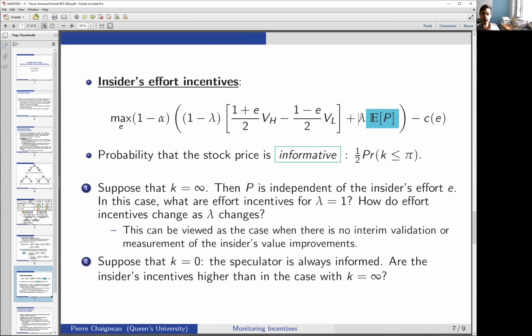But now what if the insider is hit by a liquidity shock and cannot hold his stake until the end of the period? Then he's going to sell his shares at some price P. But from the insider's ex-ante perspective, at the time of choosing his level of effort, he is going to calculate what the expected price is at which he will be able to sell his shares.